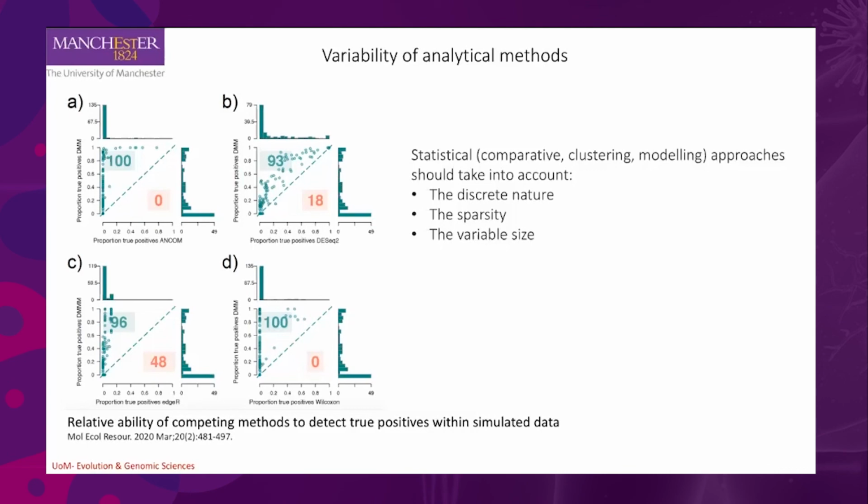Different analytical methods will influence the final list of species that are observed with differential relative abundance between the groups of samples of interest. So the take-home message is that the statistical approaches in general should take into account the discrete nature of the metagenomic data, the sparsity, and the variable size.